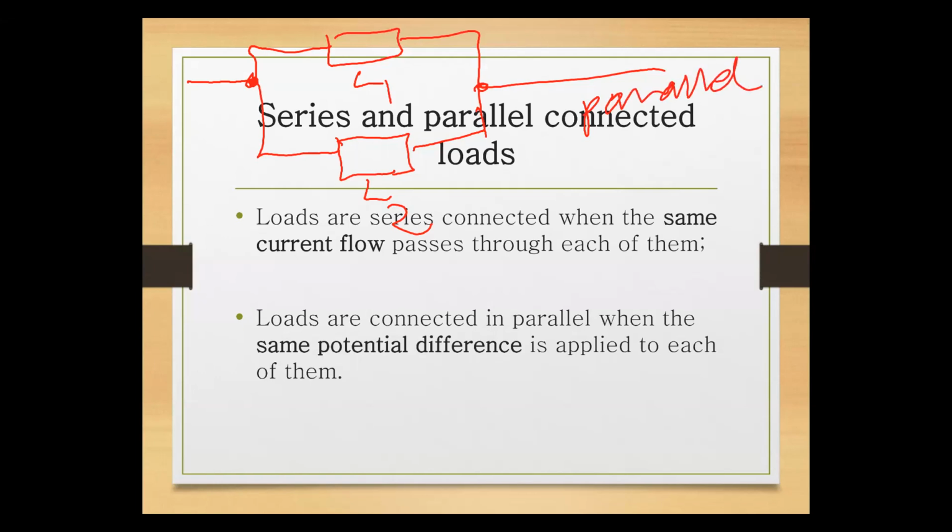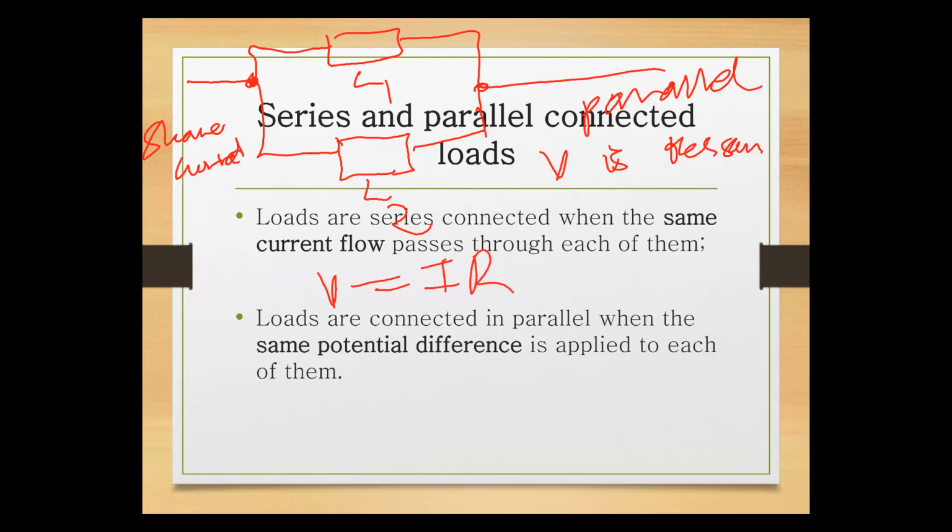Right. So for a parallel connection, the voltage is the same, but the current is different. Here they share current. Current is shared. But voltage V is the same. Remember, we said V is equal to IR.